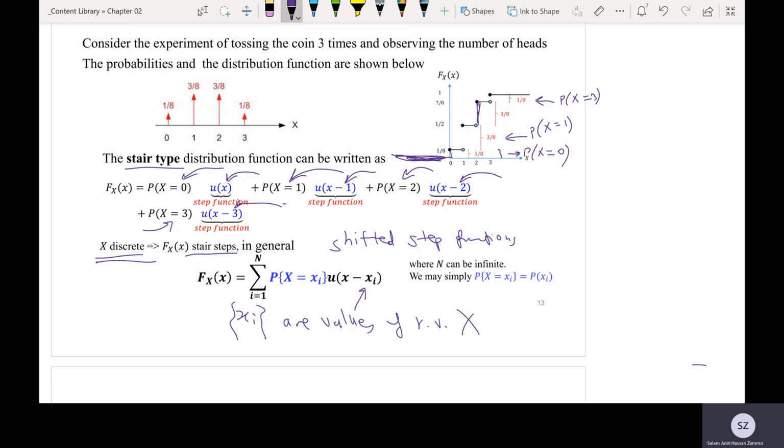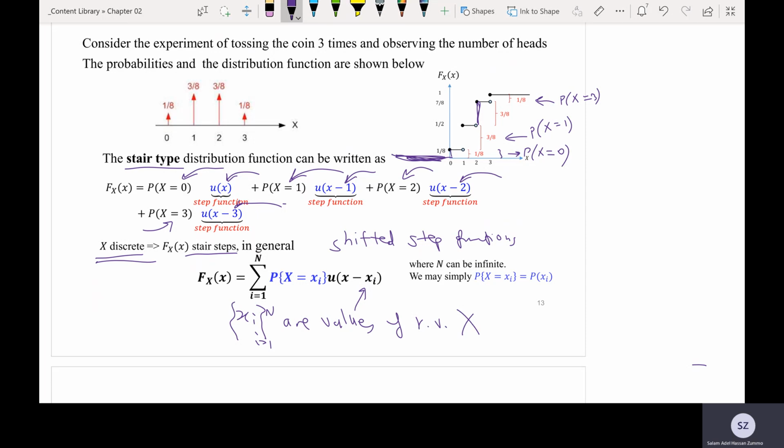Now the xi, for i equal 1 to n, are the values that a random variable x takes. In our example, what are the values that x takes? 0, 1, 2, and 3.